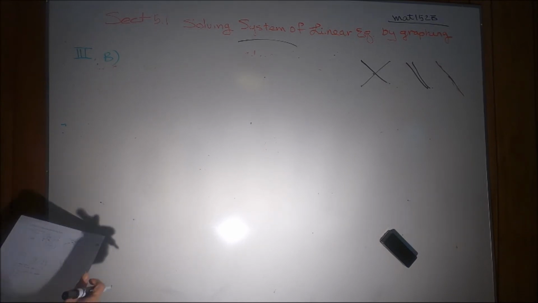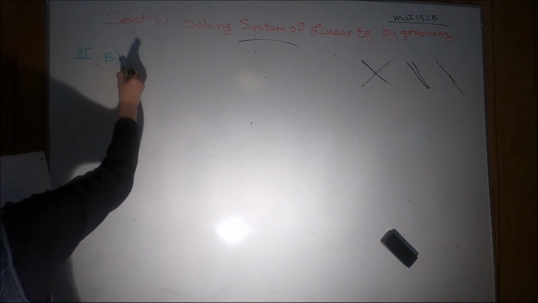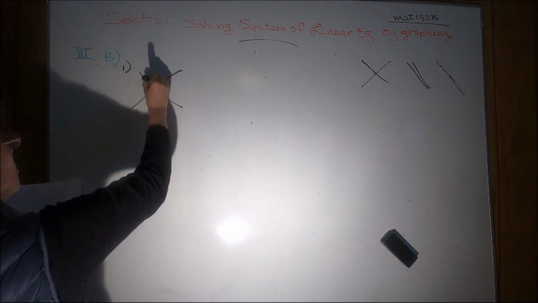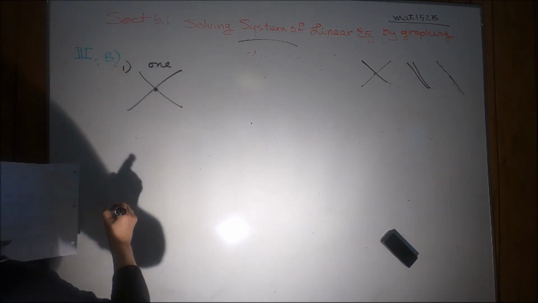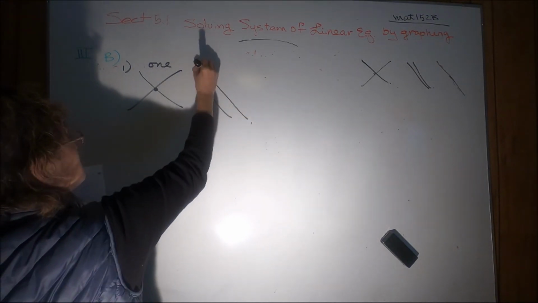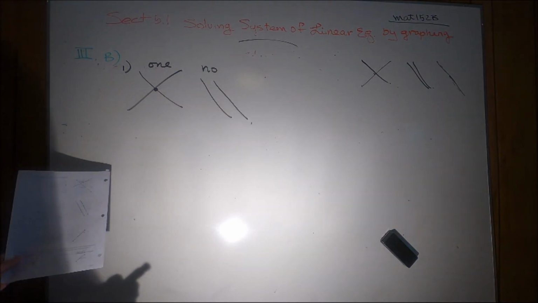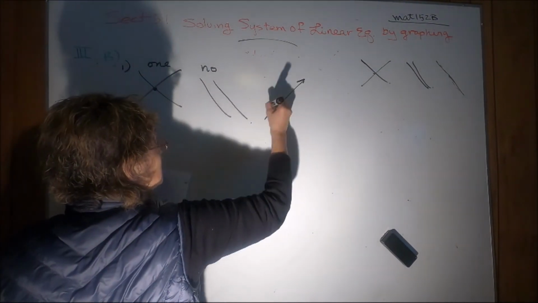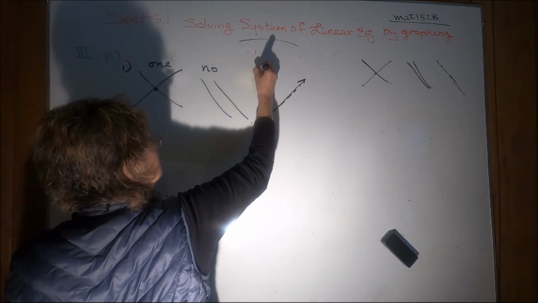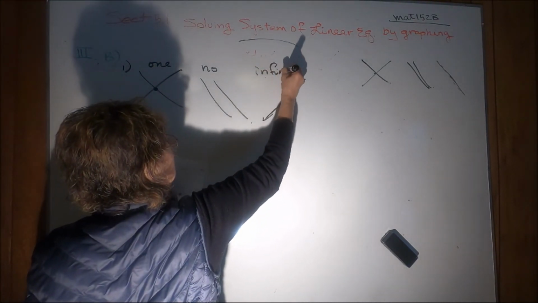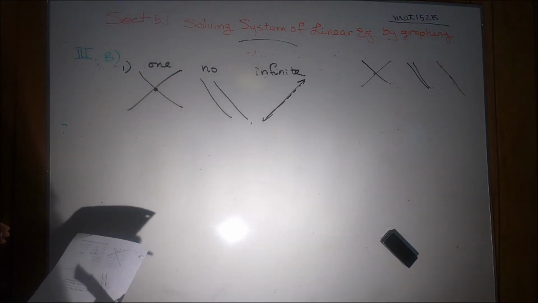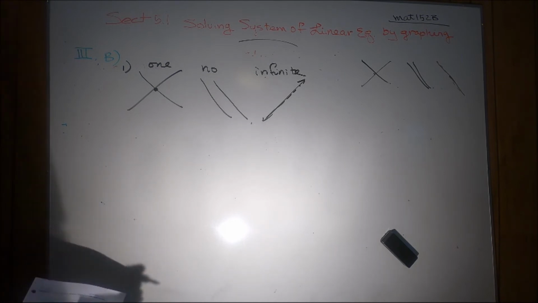So we say they have those different types. Type 1, how many solutions? 1 solution, right? Then type 2, how many solutions? No solution. And type 3, they overlap each other, so how many solutions? They have infinite solutions, right? We know this situation.